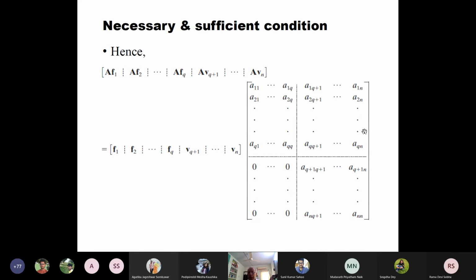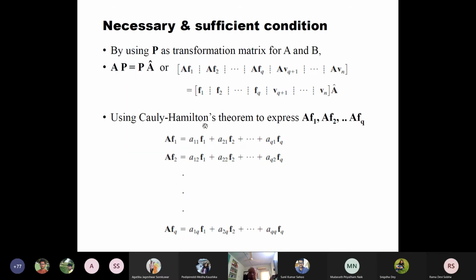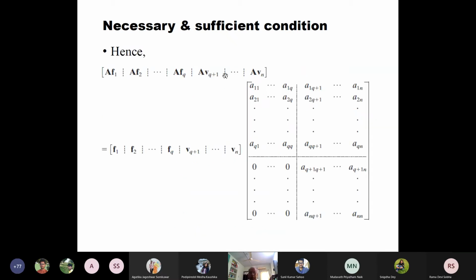In this way I can write this equation. I express AF1 using the Cayley-Hamilton theorem and rewrite it in a form like this.